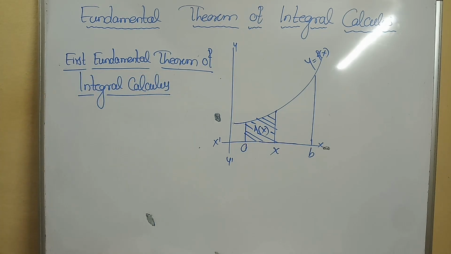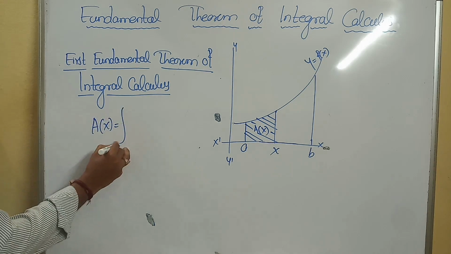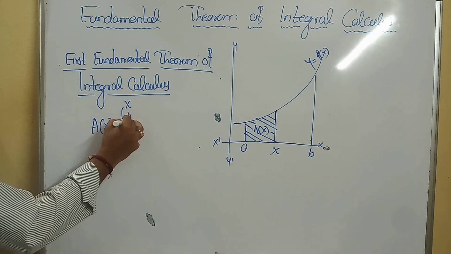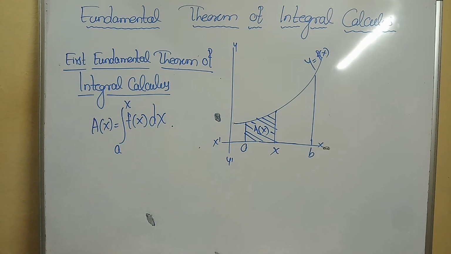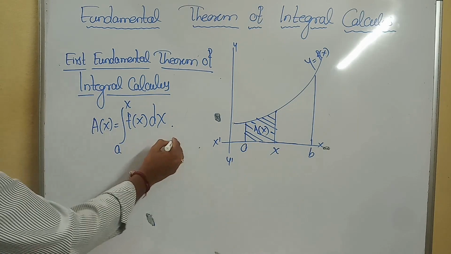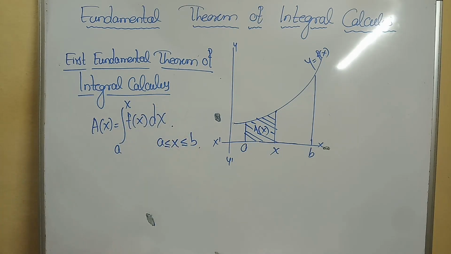We need to discuss the first fundamental theorem of integral calculus. Let f of x be a function defined and continuous on a closed interval a, b. If A of x is equal to the integral over a to x of f of x dx, where x is in between a and b, then what is A dash of x?